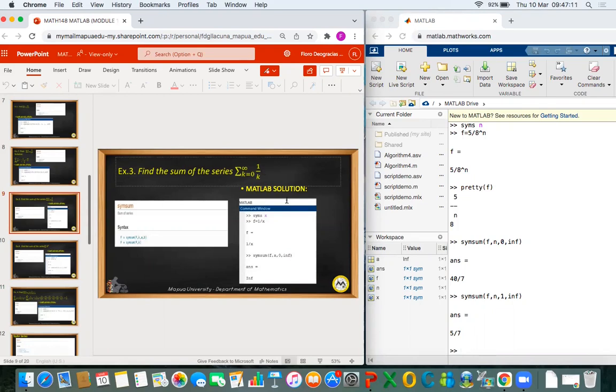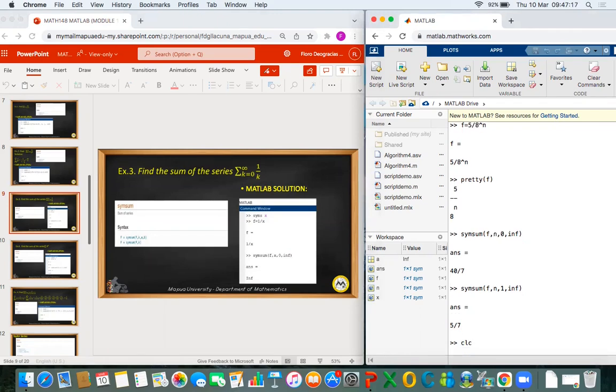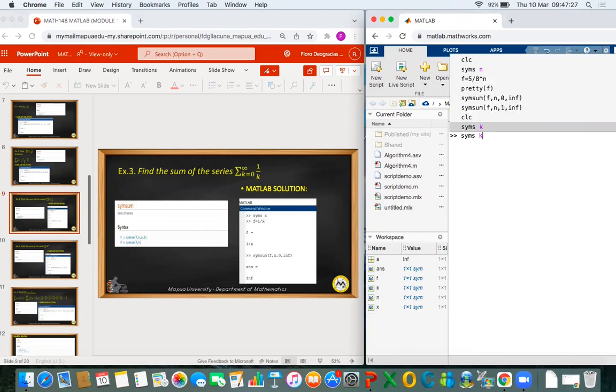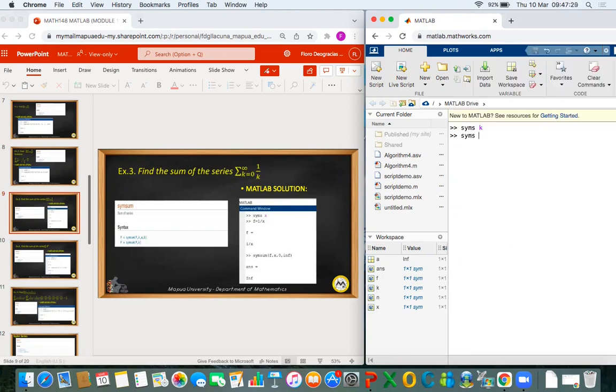Okay, so checking now the answer in Matlab for this series. So we type again syms, so this time it is k, class. Then we now have to type your function f equals 1 over k.